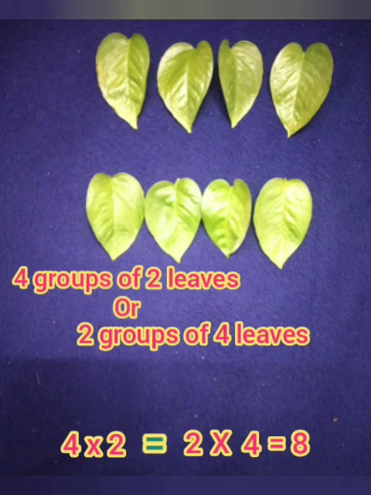So friends, in both the cases, the numbers we have multiplied are the same, only their order has changed. So when the numbers are the same, we can multiply them in any order.